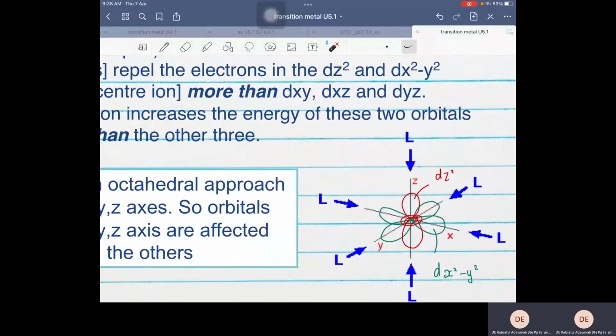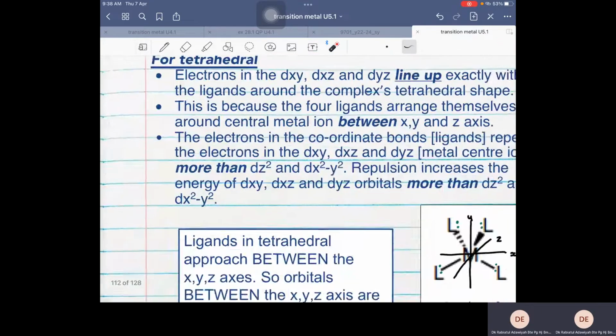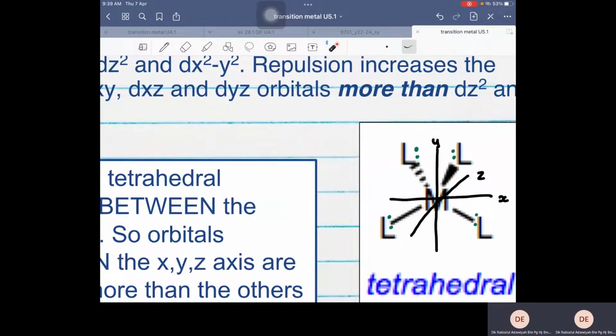For octahedral, the orbitals that sit on the axis will feel more repulsion, so their energy is higher. So that's why you expect the dz square and dx square y square to be at a higher level, and the rest will be at the lower level. For tetrahedral complex, the ligands do not sit on the axis, but rather they sit between the axis.